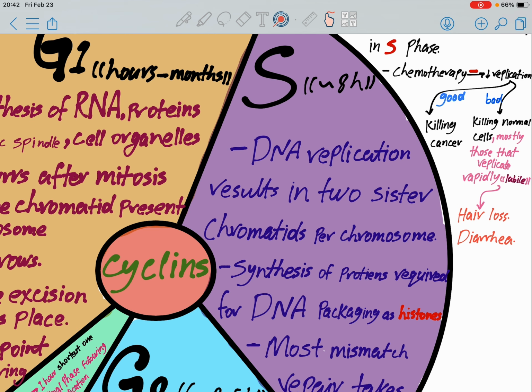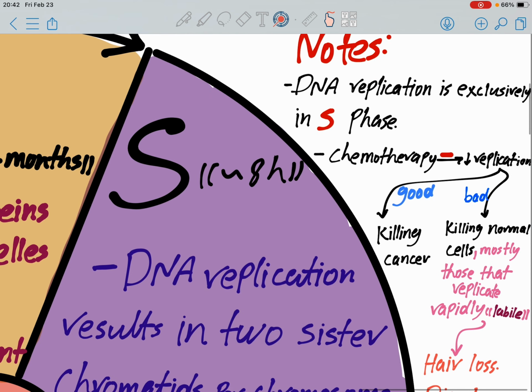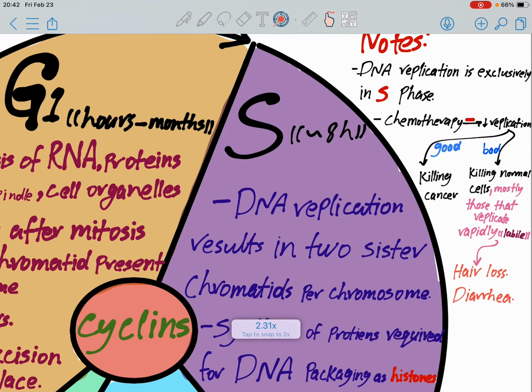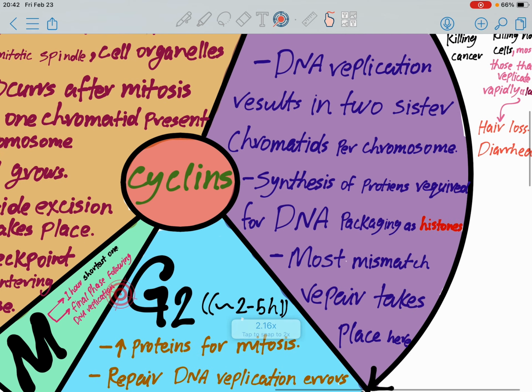So, when someone asks you whether the chromatid is duplicated or single in S phase, the answer is gonna be duplicated, because here, as we can see in our notes, the DNA replication is exclusively in S phase, and it doesn't take place in any other phases.